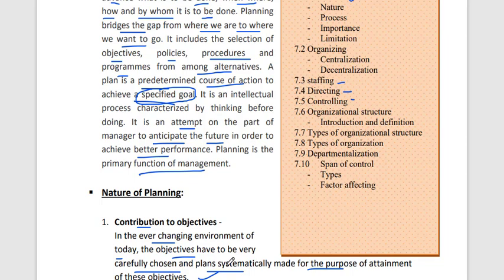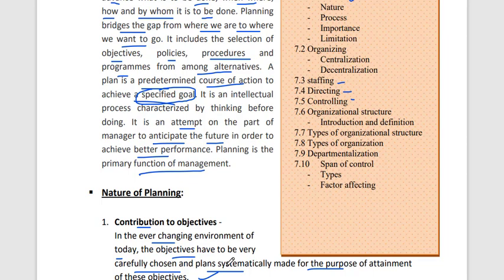First of all, we have to identify the objectives of our company, of our organization. For example, say we have to make phones, and making 100 phones a day is our target. First of all we have to choose the objective, and then to complete that objective we have to make a systematic plan: how many workers will be there, how many raw materials, how much money and how much time is required.